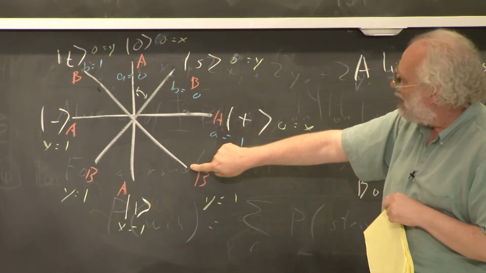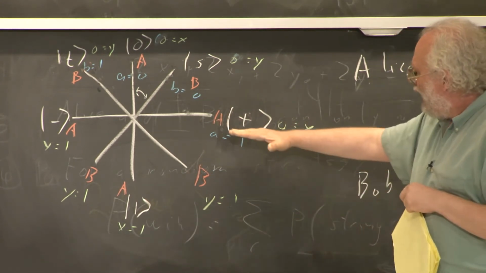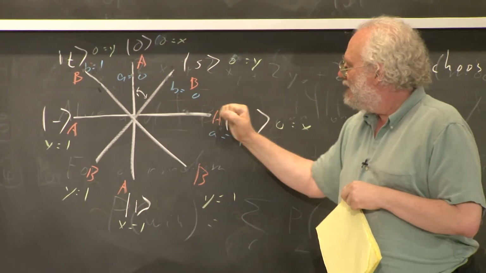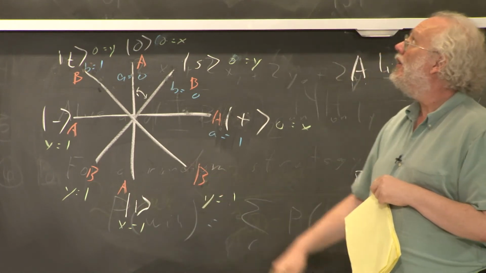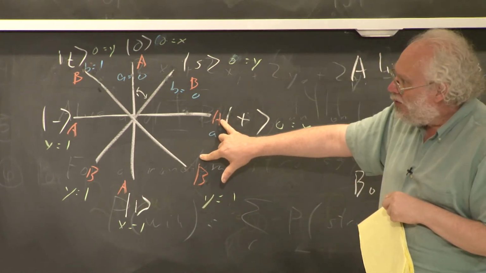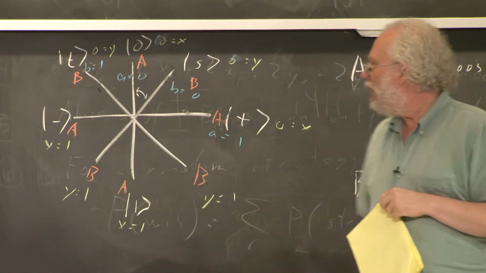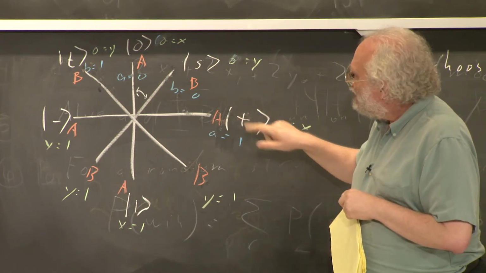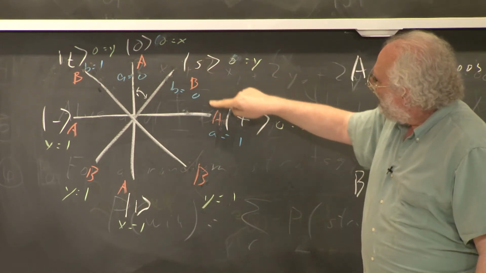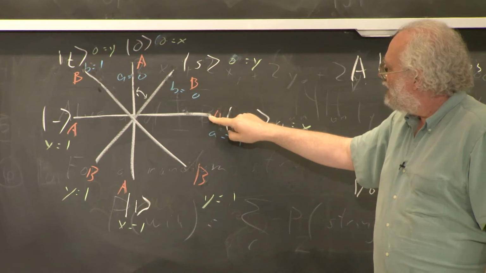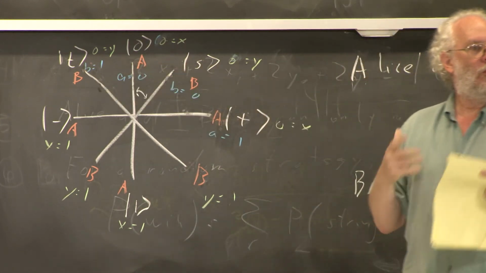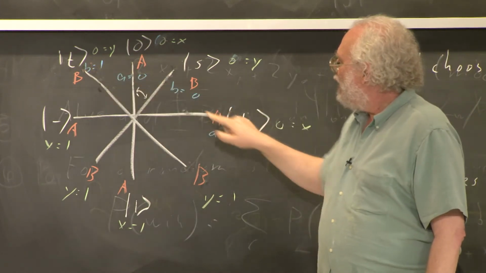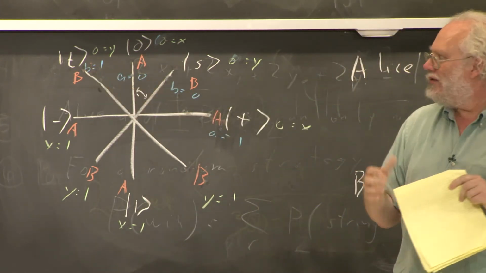But x and y disagree exactly when, but if Alice will get this answer and Bob will get this answer with probability also 0.854. So that means that, because if Bob and Alice got 0, 1, 0, 0, and 1, 0, they wanted their bits to agree. And if they chose A equals 1 and B equals 1, they want their bits to disagree.